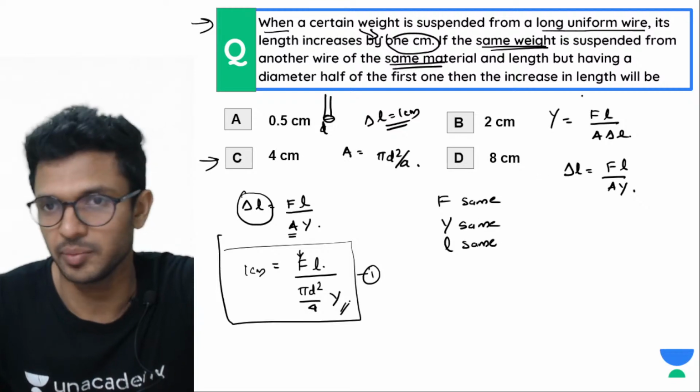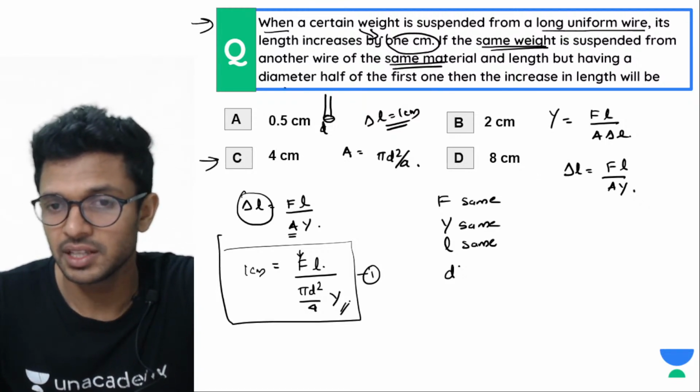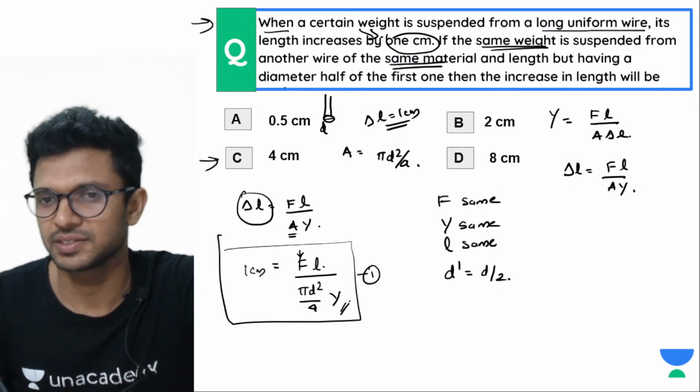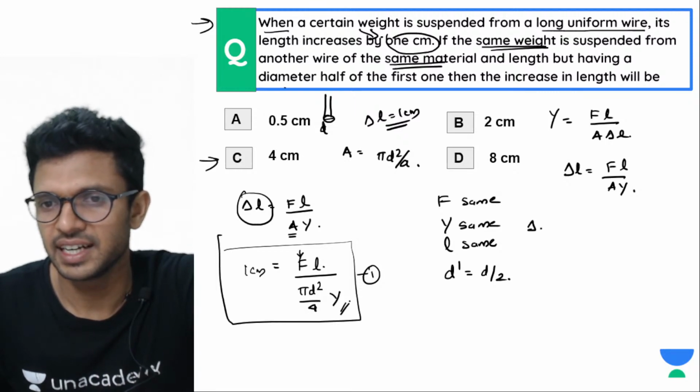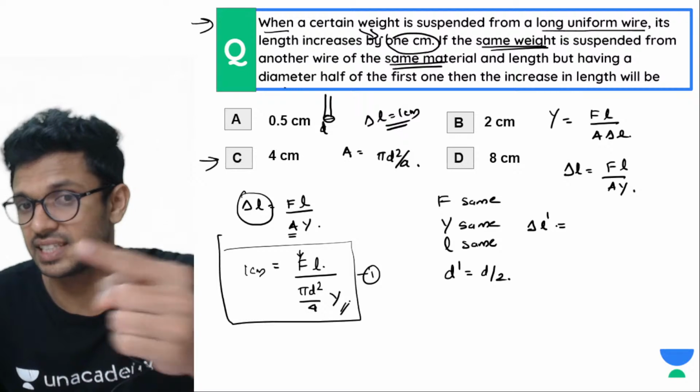And length is also the same. Initial length is also the same, but having diameter half of the first one, meaning the new diameter d dash is half the initial diameter. Then the increase in length is the question, right? Find it. Delta L dash, Y dash, we are finding out the increase in length in the second case.